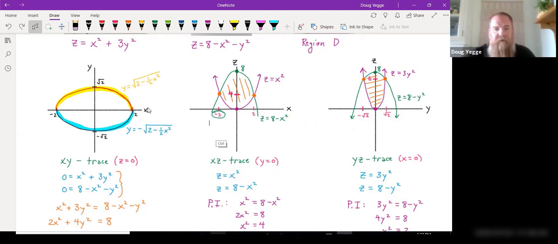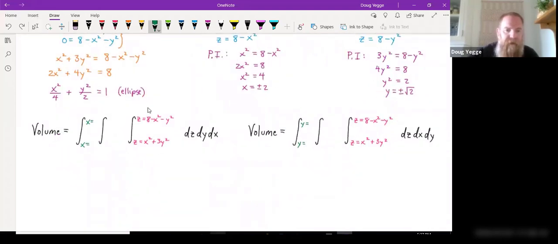But obviously that's the same thing for our xy trace if we look in the x direction as well, from -2 to 2. So that means that my x values are going to extend from -2 to 2.